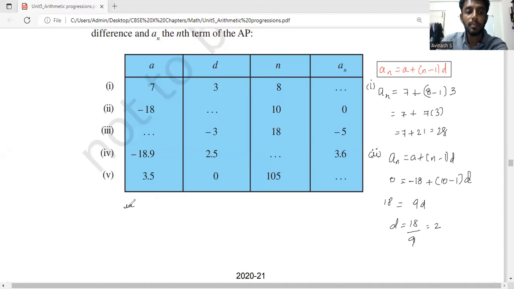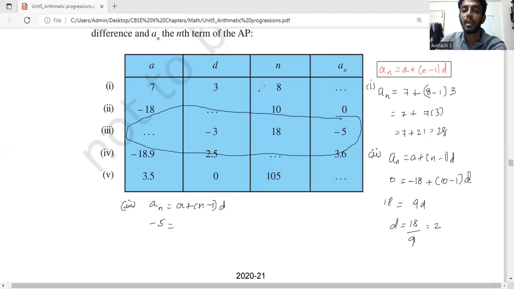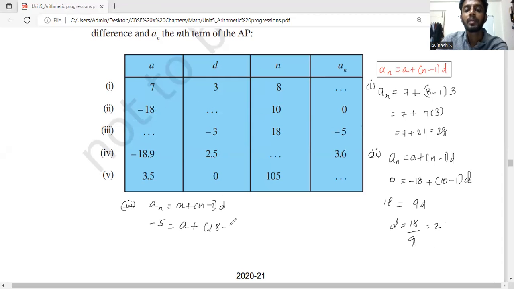Likewise, when it comes to the third subdivision, again, we are using the formula a_n equal to a plus (n minus 1) into d. But in the third subdivision, we don't know the value of a, but we know the value of a_n. So a_n is given as minus 5. If you look at this row, you can understand. A we don't know, so I'll have it as a itself. n is 18, minus 1, into d, which is minus 3.